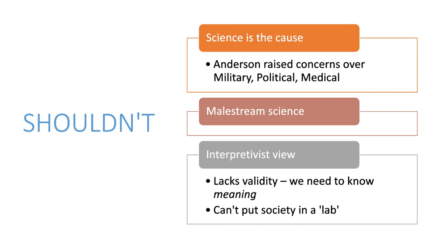Anderson believes that science is the cause of the problem, so we shouldn't use the cause to try to fix the problem. So if you think about military science or weapons and the atomic bomb and nuclear bombs and things like that have caused major problems in the past. If we have a look at those kind of things, then that shouldn't be fixing the problem. The medical one's interesting.